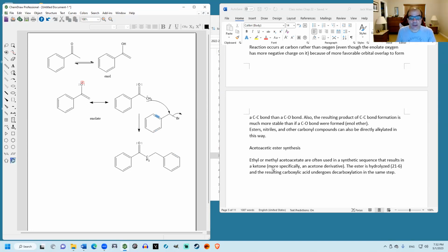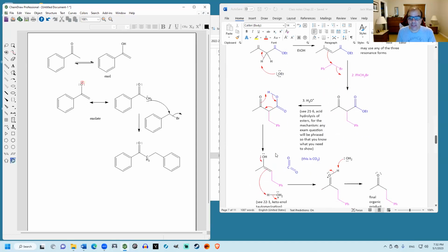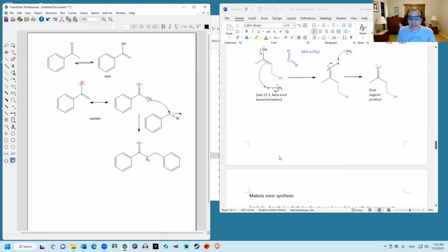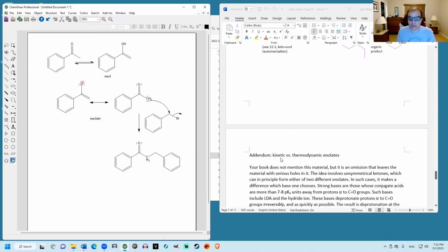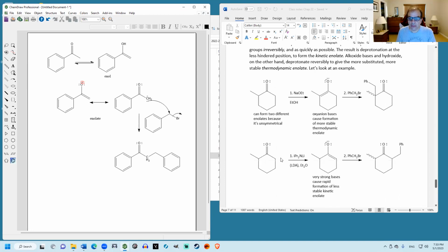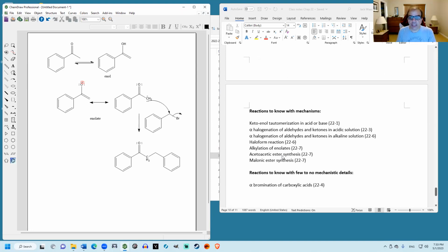So this type of reaction is the basis for the acetoacetic ester and malonic ester syntheses. And the mechanisms are in the class notes. Then a brief mention of kinetic versus thermodynamic enolates.